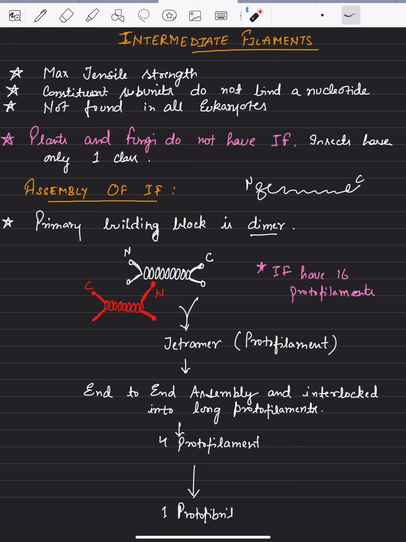Let me explain with an example. Whenever you do stretching or yoga, at that time these intermediate filaments protect your epithelial cell from any kind of distortion, is it?